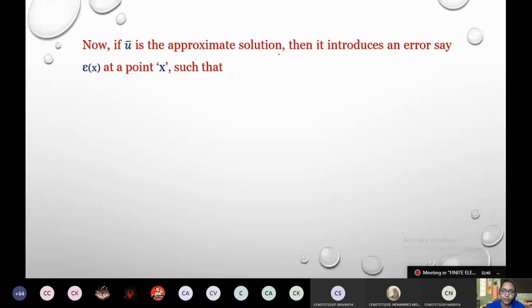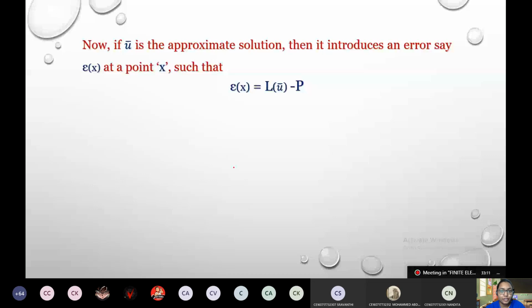Then it introduces an error. Because u is in terms of displacement, the error we get will be in terms of strain. So it introduces an error, strain epsilon at x, at a point x. Now how this error is going to be is like this.